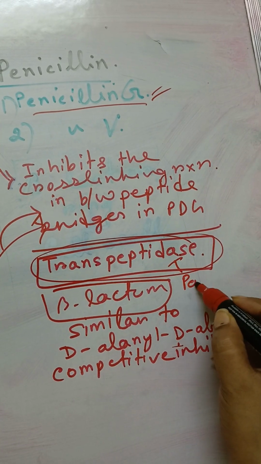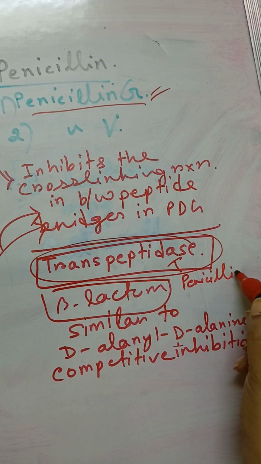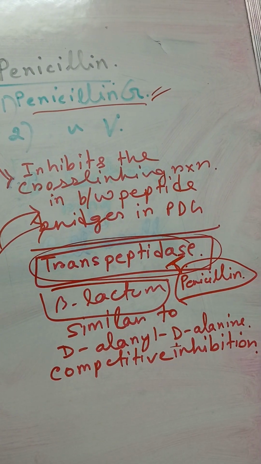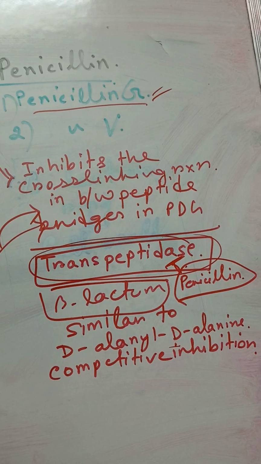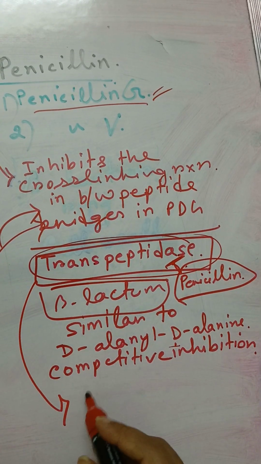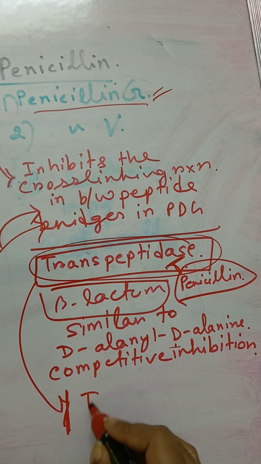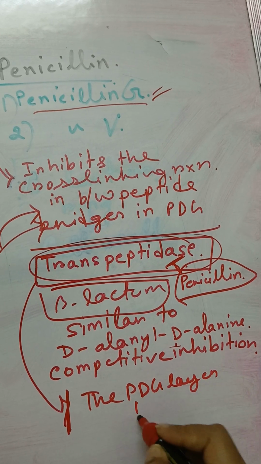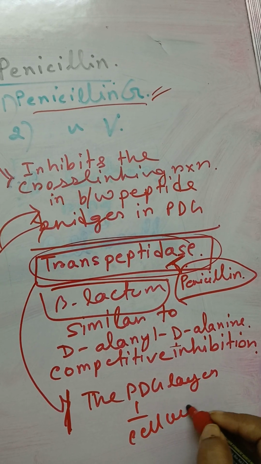If penicillin binds to this enzyme, that will block the transpeptidase. So it obviously blocks the PDG layer synthesis, which means the cell wall synthesis will be inhibited.